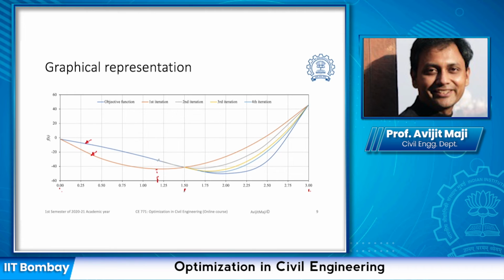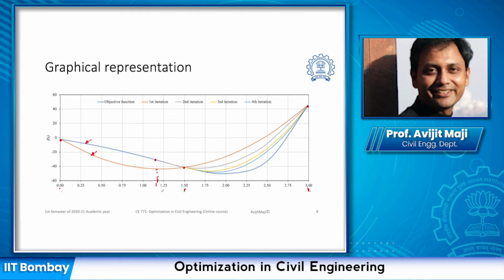At this point, if we find the objective value of our original function, which is going to be this. So if we compare the objective function value of this point, this point, this point, and this point, we can clearly see that the best objective function value still we have at this 1.5, and if we want to bracket this point, we can bracket it by this point and this point, which is 3 and 1.216.